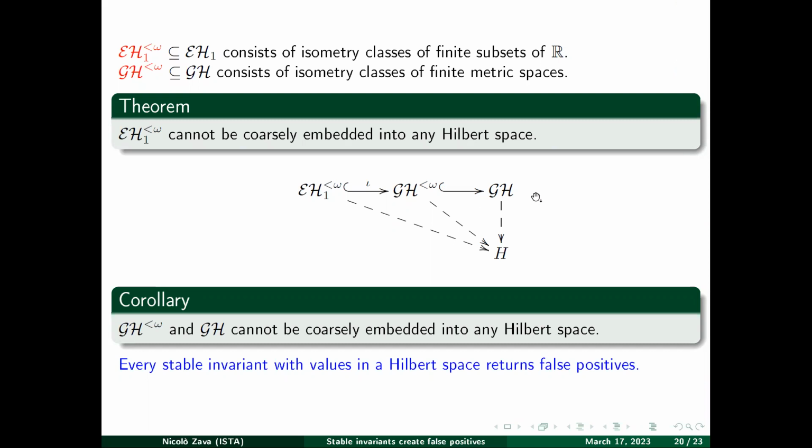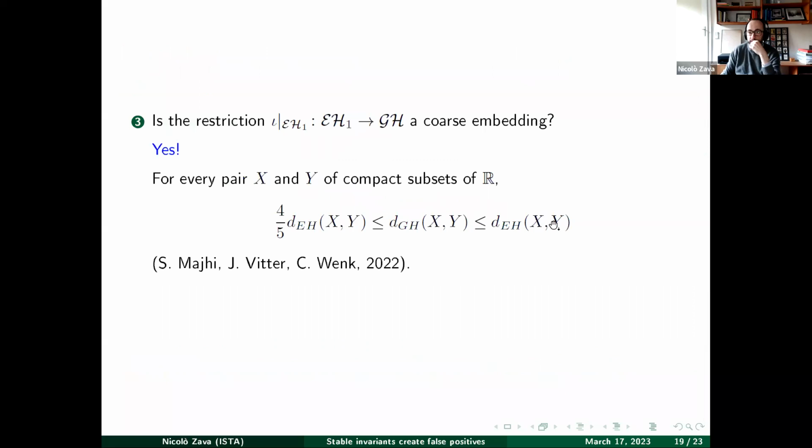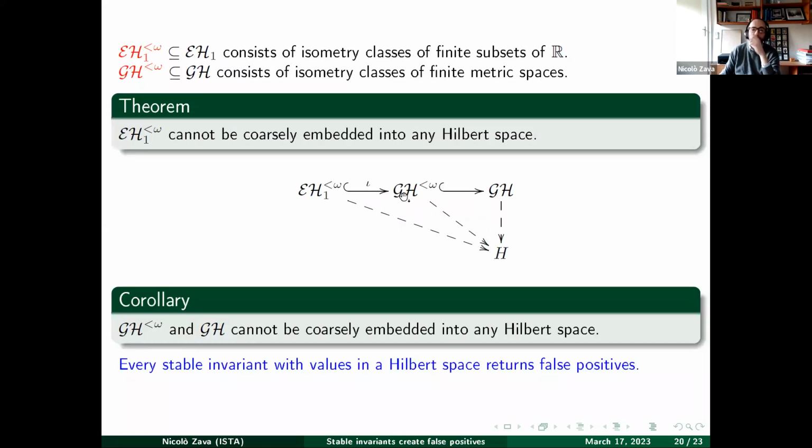So the two inclusion maps, do they have different properties? Yes, this one is a bi-Lipschitz map for this result. It is not really an inclusion in the topological sense: a subset of the real line is just an example of a finite metric space, but we change the metric. But this is a bi-Lipschitz embedding. This is an isometric embedding. So all of them are examples of coarse embeddings.